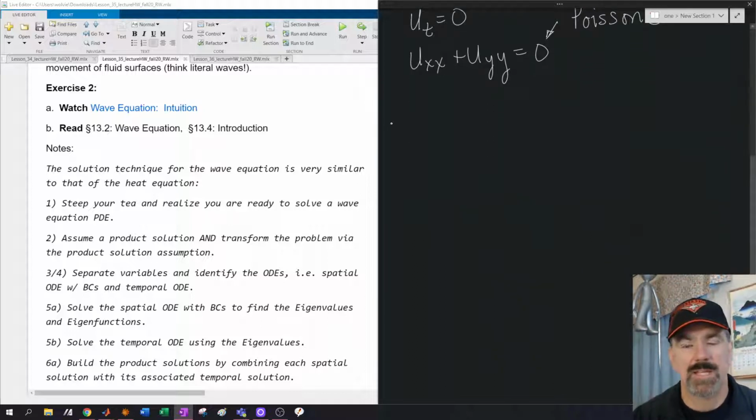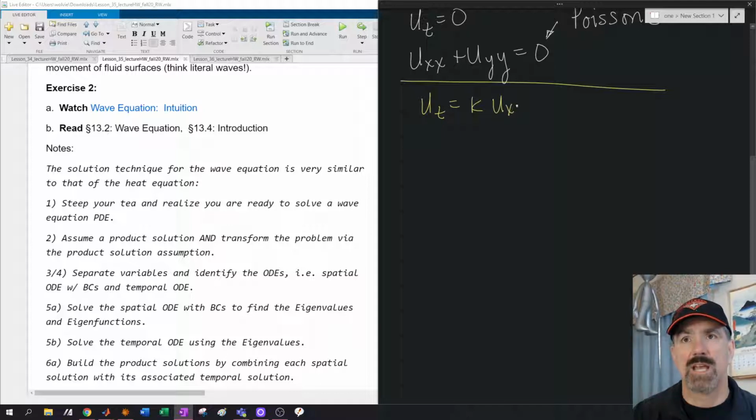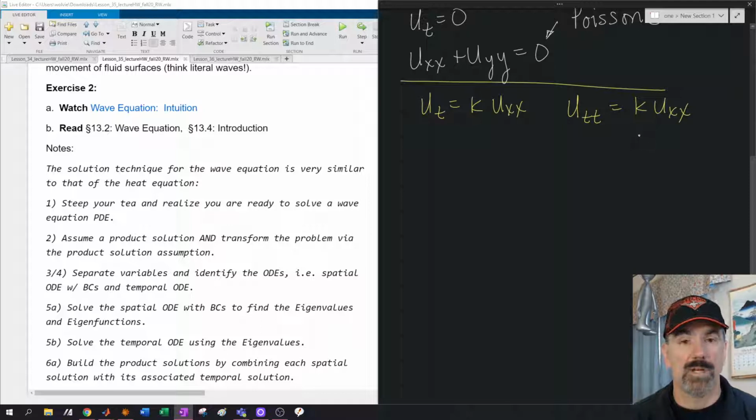From a conceptual standpoint and understanding, remember again the heat equation, u_t equals k u_xx, and I asked you several questions last time about what do you think it would mean if we had an acceleration instead of a velocity that was proportional to the curvature of whatever it is we're talking about. And as we discussed last time, this is the wave equation, and you saw that in your solution here.